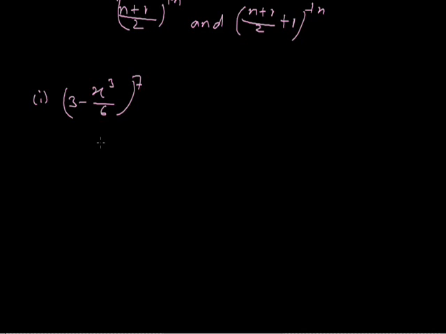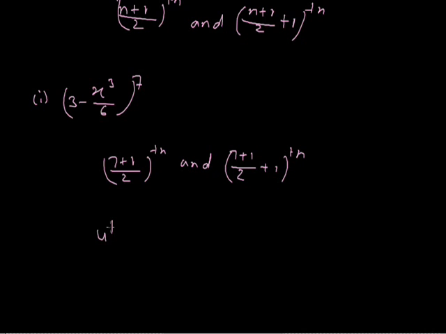So here there are two middle terms: the ((7 + 1)/2)th term and the ((7 + 1)/2 + 1)th term. These two terms are the middle terms in the expansion. Here (7 + 1)/2 means the fourth term.